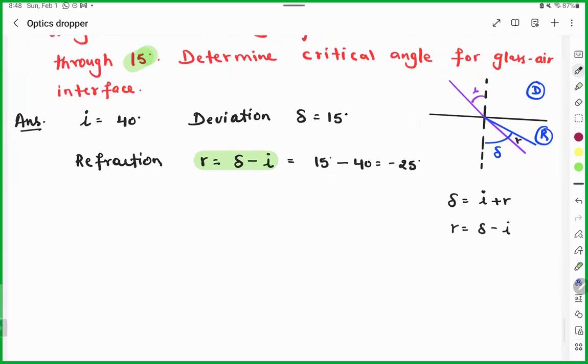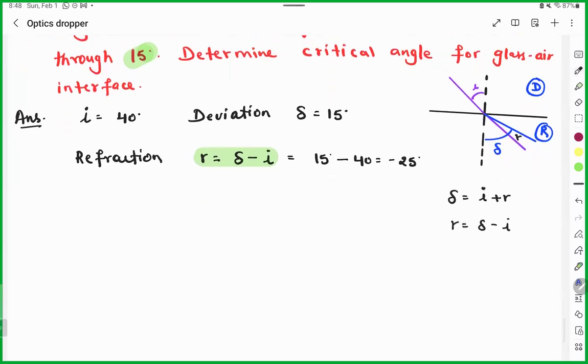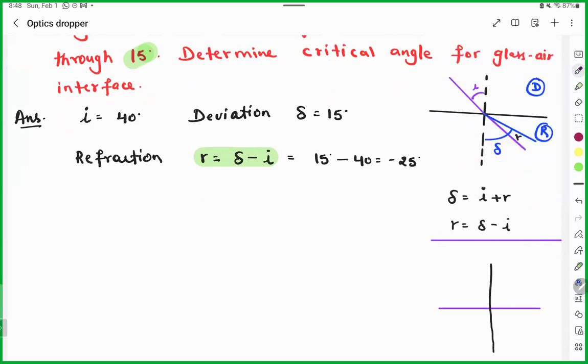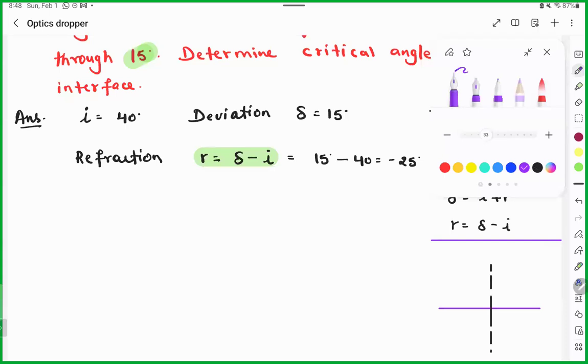For example, if you take the same situation from rarer to denser, Chandana, what will be the situation? Sorry, rarer to denser, because we already did denser to rarer. So it bends towards the normal.